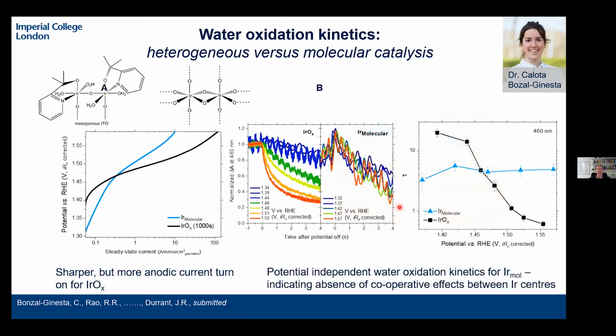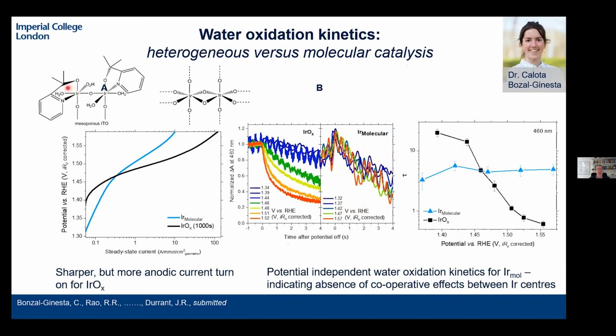What's maybe more striking is when we measure the kinetics. And this is the data I showed before on the iridium oxide film, showing these cooperative effects and the idea that kinetics accelerate very rapidly with potential. With the molecular iridium, there's no acceleration. The kinetics are essentially independent of potential. And so this is again the same idea that water oxidation on iridium oxide films requires cooperativity between redox sites.